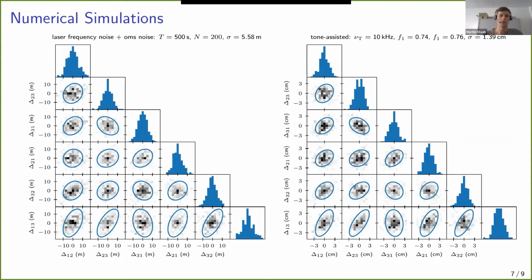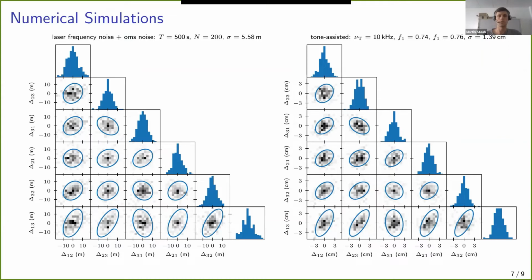Below you can see the pairwise scatter plots of the errors in the arms, and also overplotted the ellipse that is a result of the analytical calculation. This shows that we think we understand how all the parameters influence the estimation process.